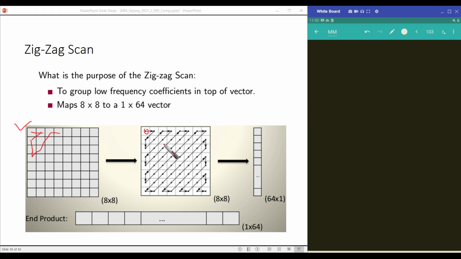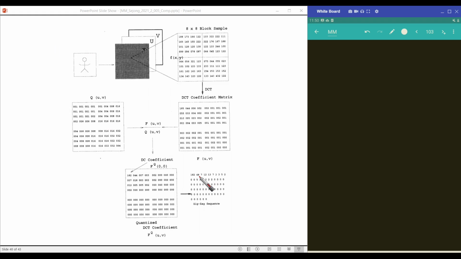If we follow this kind of zigzag pattern, then what will happen is something like this: 182, 44, 7, 12, 13, 7, 3, 35, 0, 5, 3, and then you come to a certain point, and after that all numbers become 0.